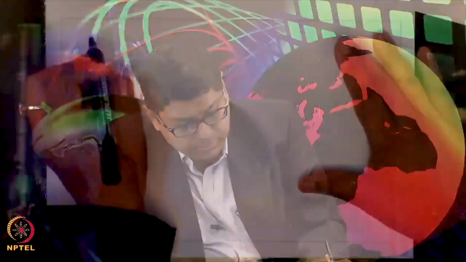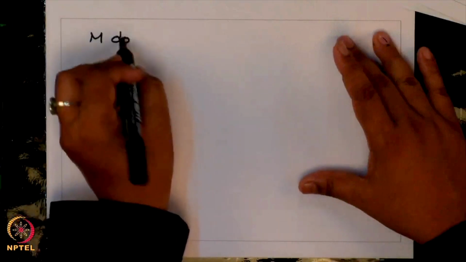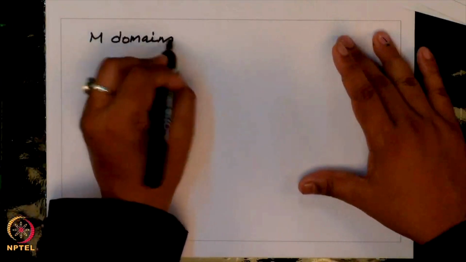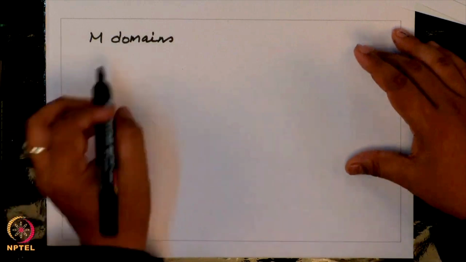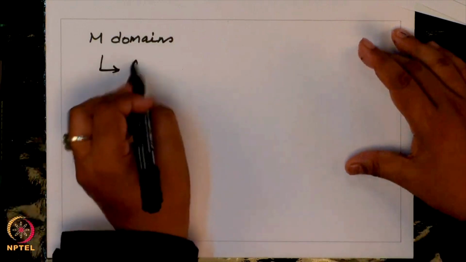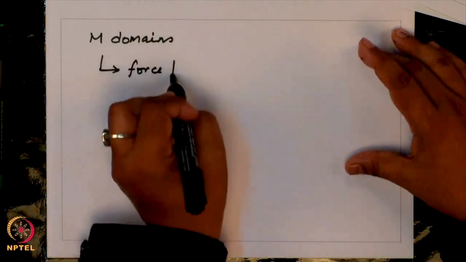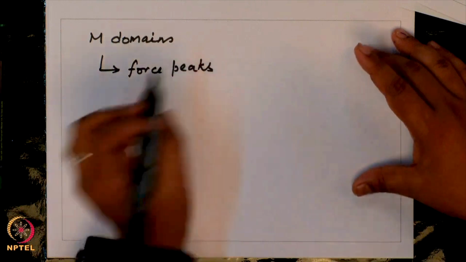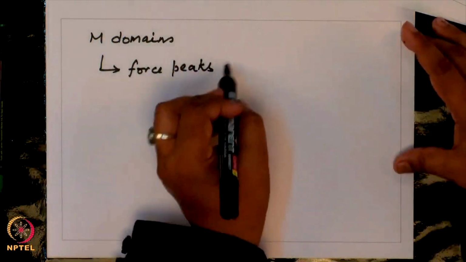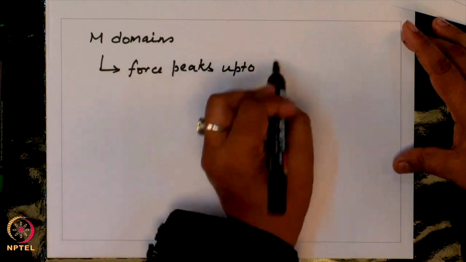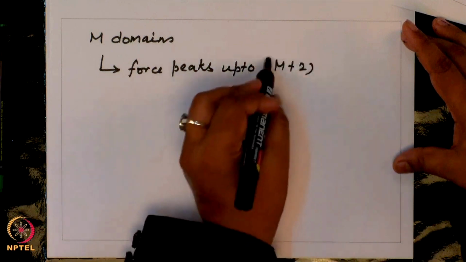Now, you got your peaks. The first thing is to record the data, but now it comes to analyzing the data. Let us say you have a protein with M domains, and you get force peaks up to M plus 2.